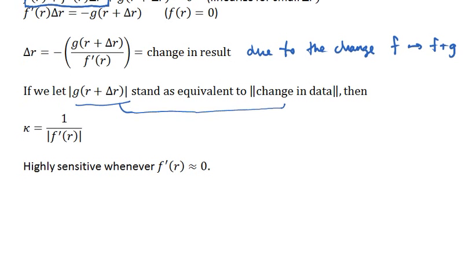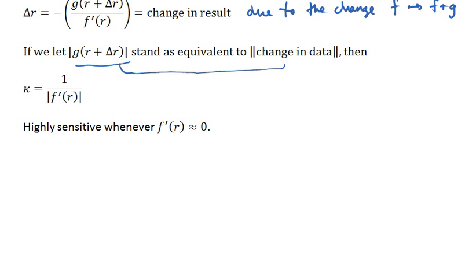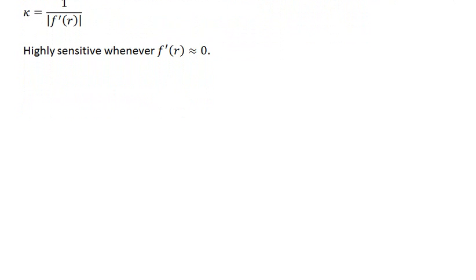So that means that the solution to the root finding problem, the root itself, will be highly sensitive to the function that's input whenever f prime of r, the exact function, is close to 0. So there's a pretty simple graphical explanation of why this matters.